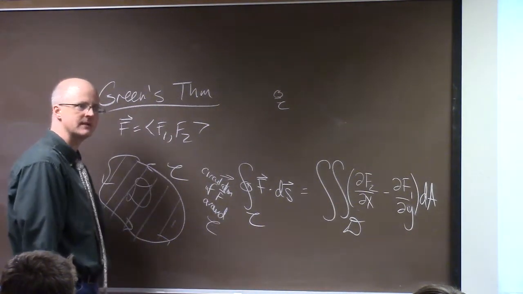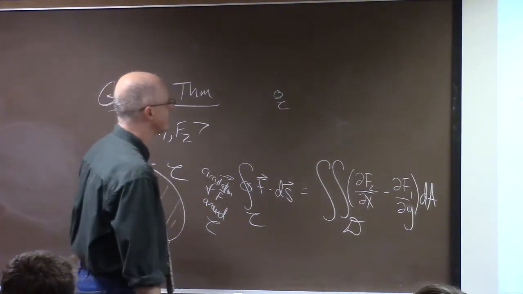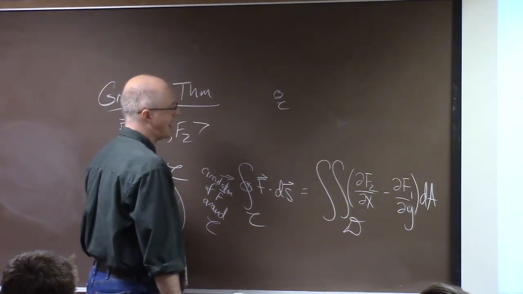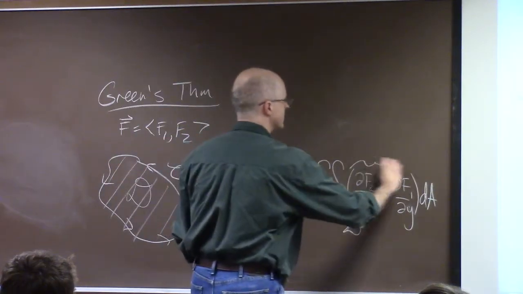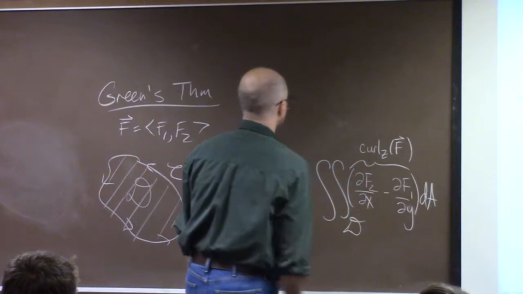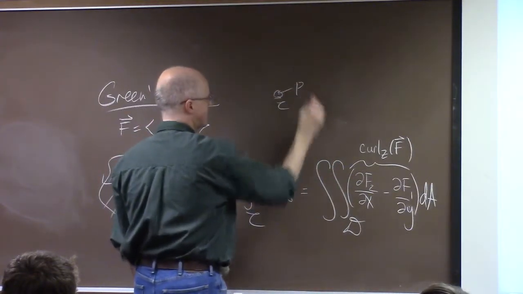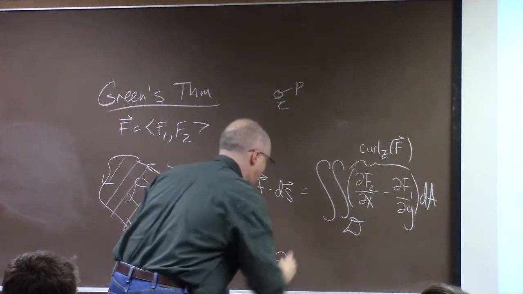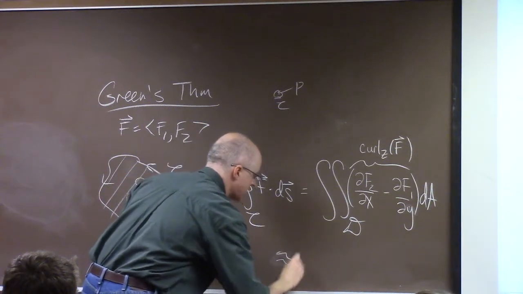Again, the way to make sense of this is to imagine that C is really small. So small you can barely see it. You have to use a microscope or something. And then in that case, the scalar curl is approximately constant. Okay, here's the symbol for that. Take a sample point, P. Approximate this integral as that constant value of the scalar curl.